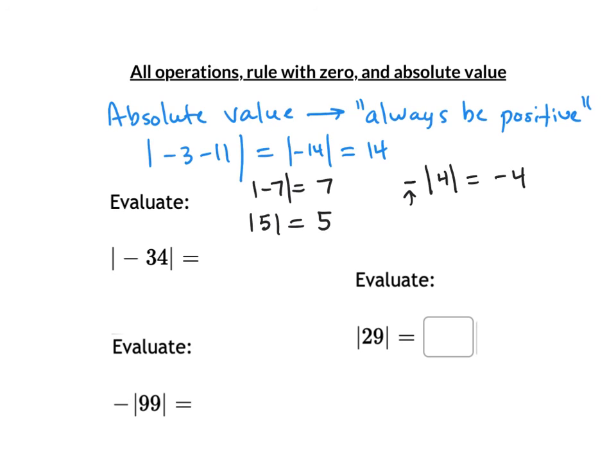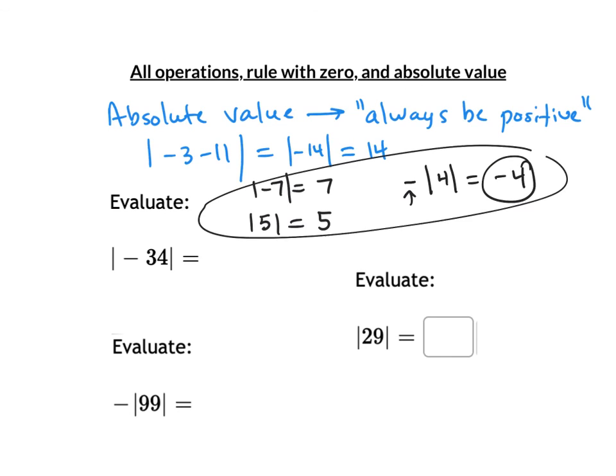Whatever's inside, when you have a single number, ends up being positive. But if I have something on the outside, then that's not affected by the absolute value, which is why we get an answer of -4 here. All right, take a look at those 3 examples, and let's go below. Absolute value of -34, always positive, positive 34.